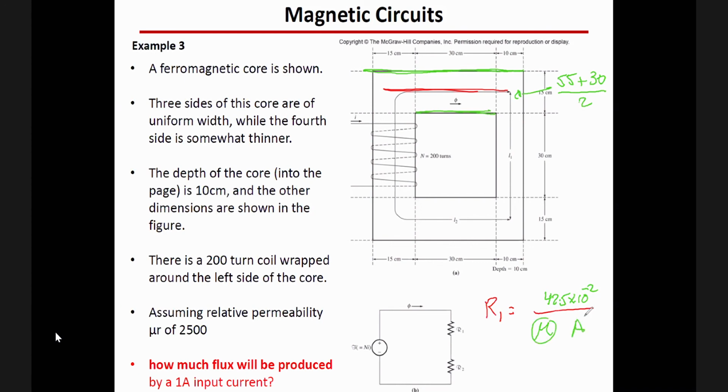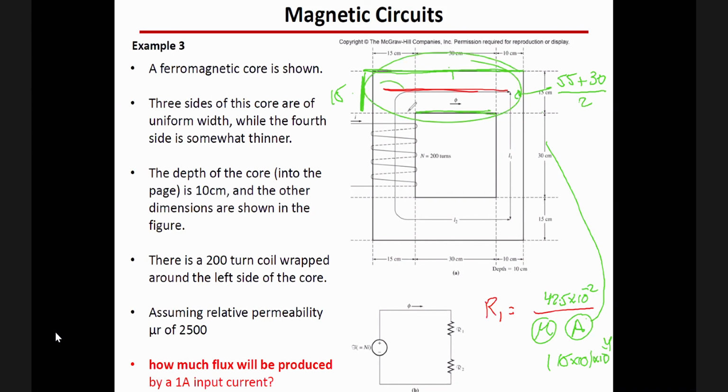A is the width, which is 15, multiplied by the depth, 10, which we don't see. But we know it's a rectangle, so 15 multiplied by 10 multiplied by 10 to the power minus 4. So this is for the upper reluctance.